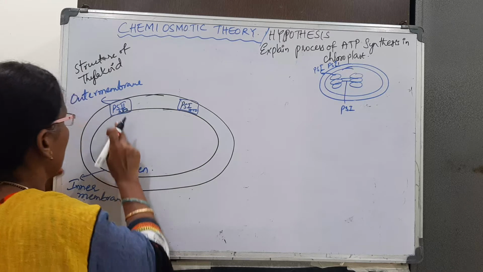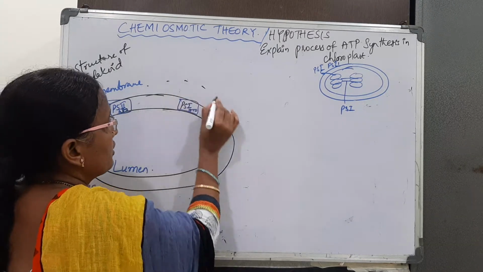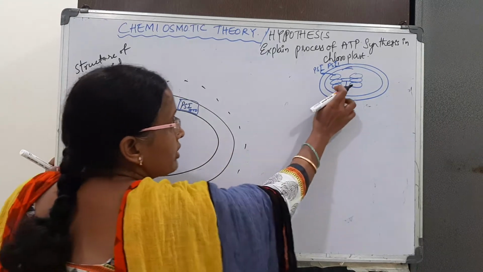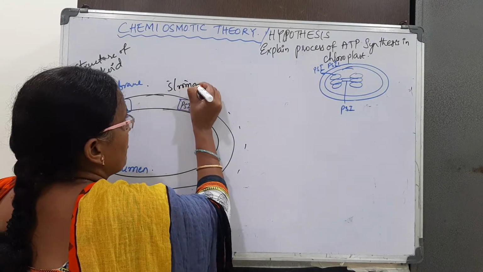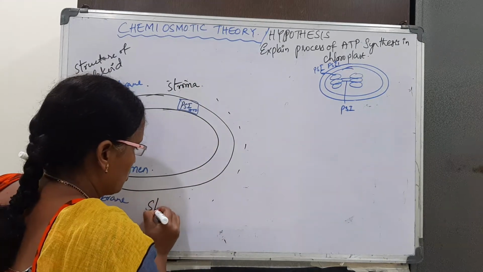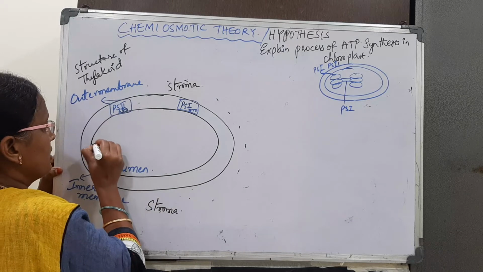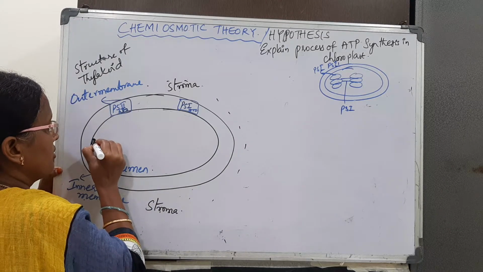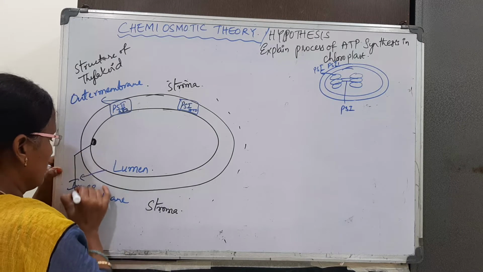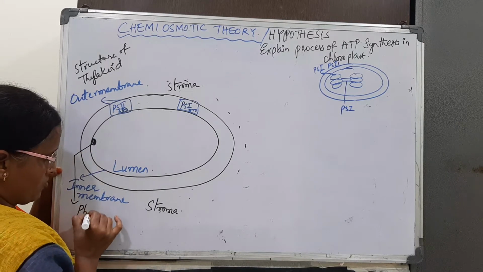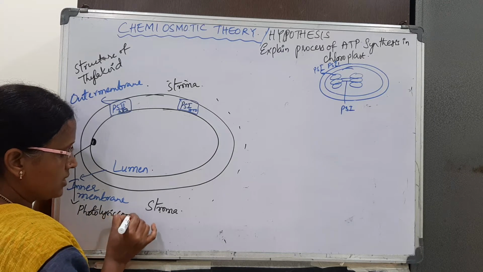Inside the lumen, this is outer membrane, inner membrane, and this is lumen. The outside portion is known as stroma. Inside this there is a complex present, that is photolysis complex.